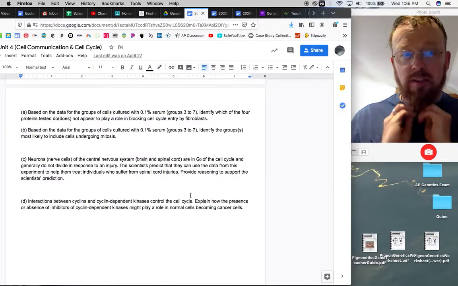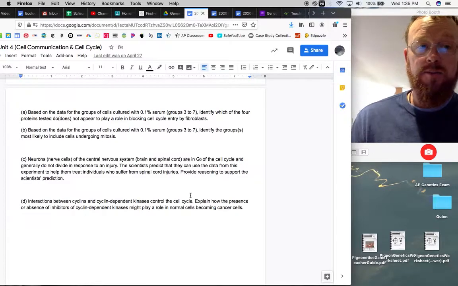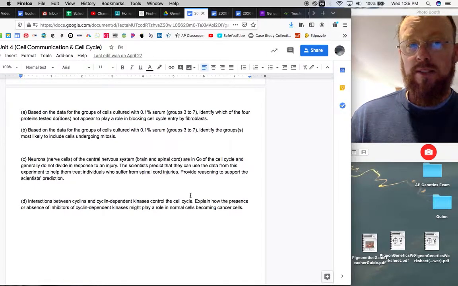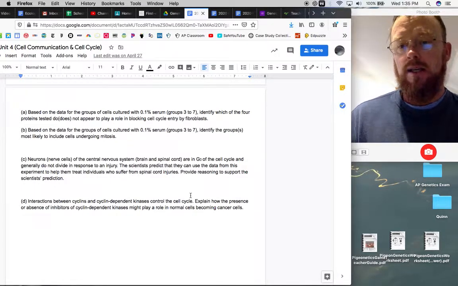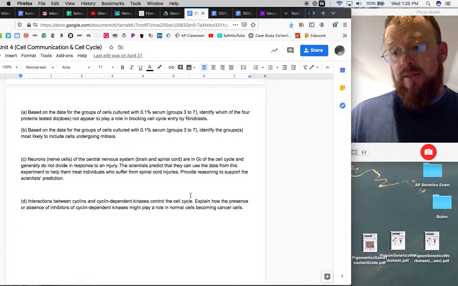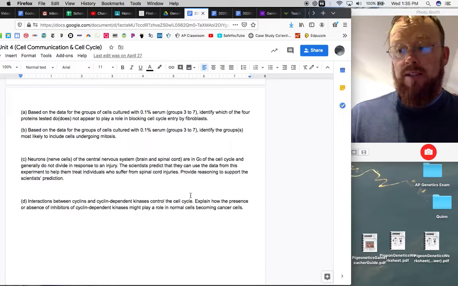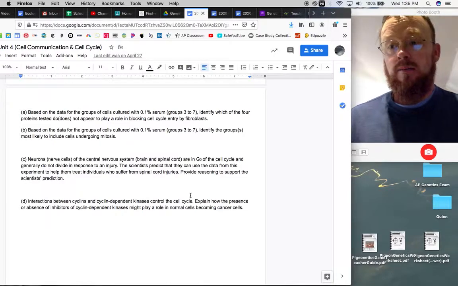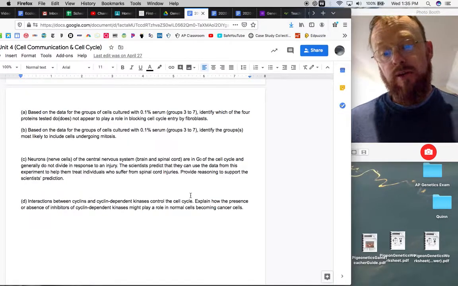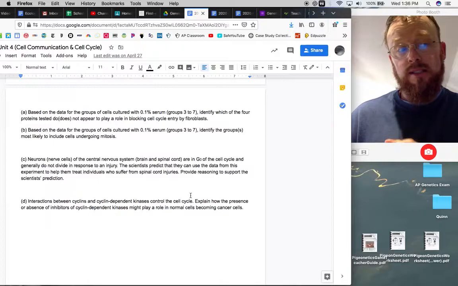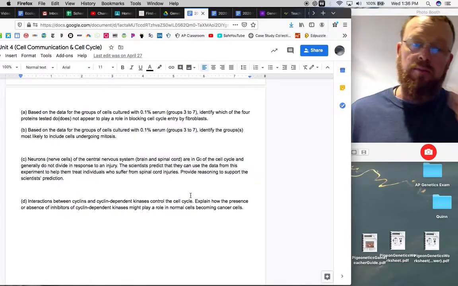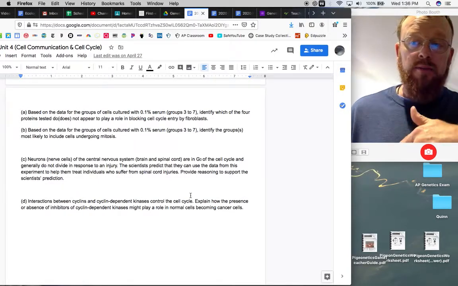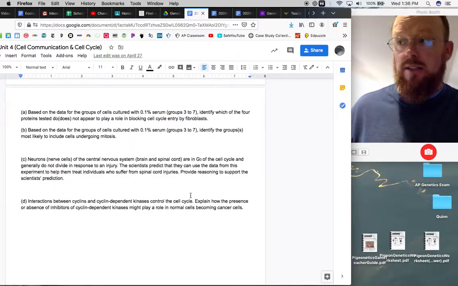And in this case, the answer would be the absence of inhibitors would allow a cell to become cancerous, because an inhibitor stops the action of a CDK cyclin complex, which means if an inhibitor is present, it will stop the CDK cyclin complex from causing the cell to move through the cell cycle.